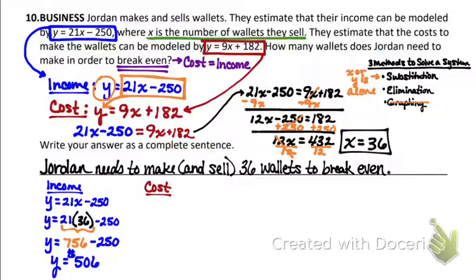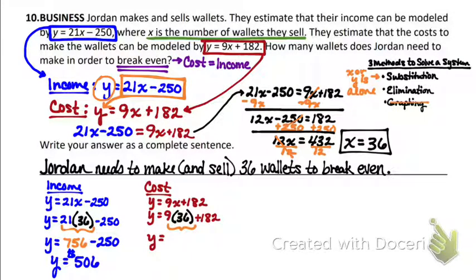Let's go find out how much it cost him for the supplies for those 36 wallets. So our cost equation, y equals 9x plus 182. We're going to substitute 36 in the place of the x. What is 9 times 36?